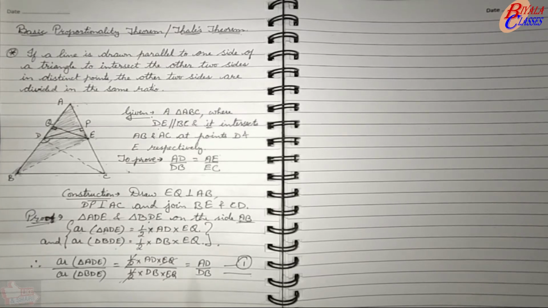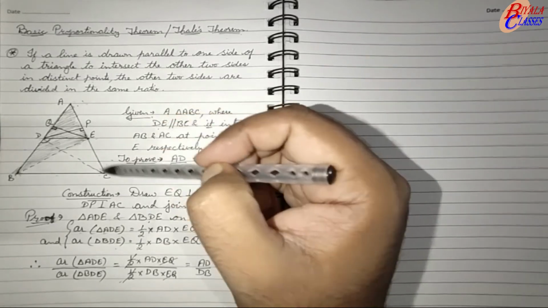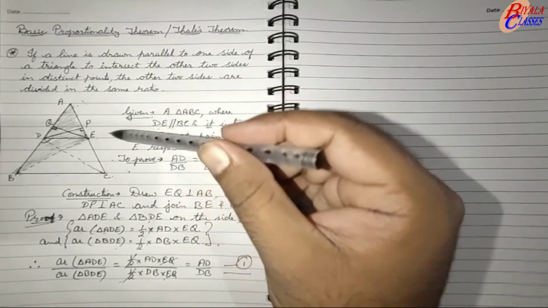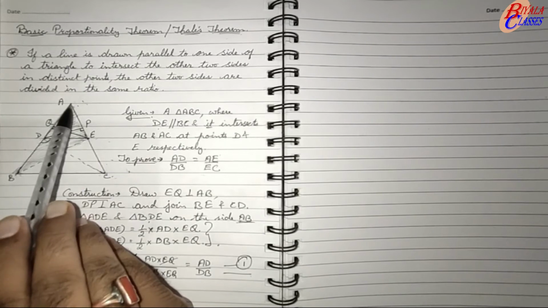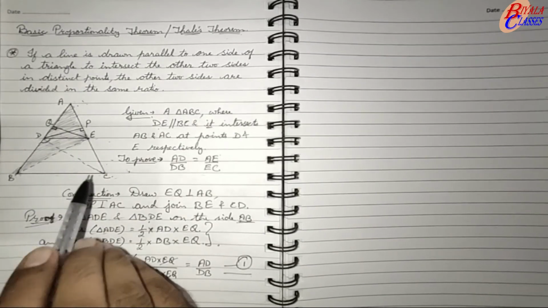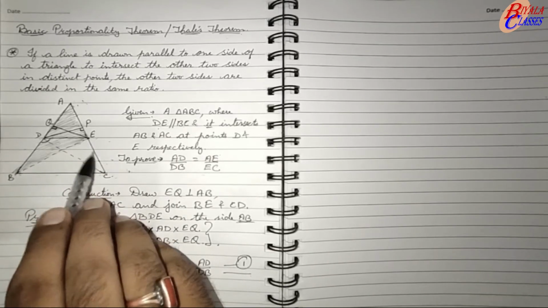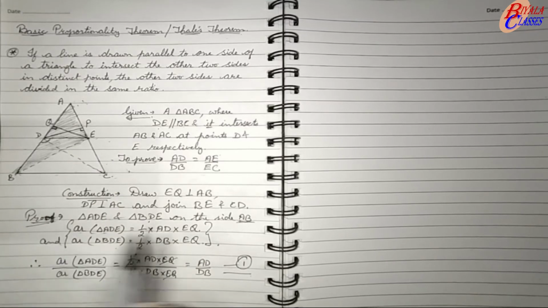Similarly, if we take the side AC, on this side AC, you can see again you have the triangle ADE located on this part, and you have the triangle CED, which is also located on this part.